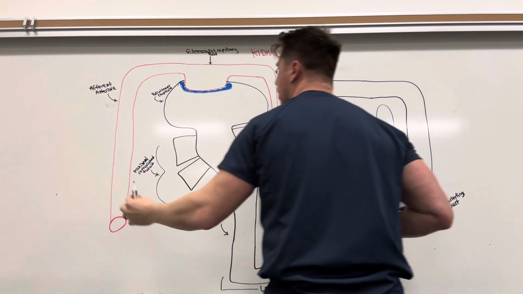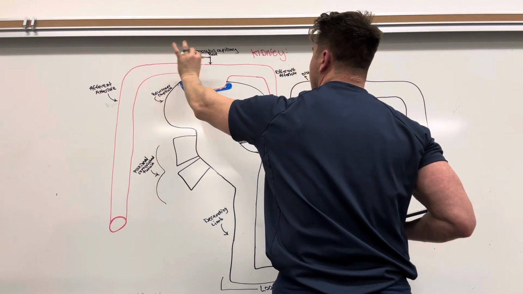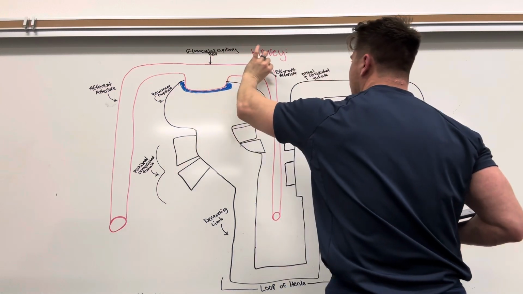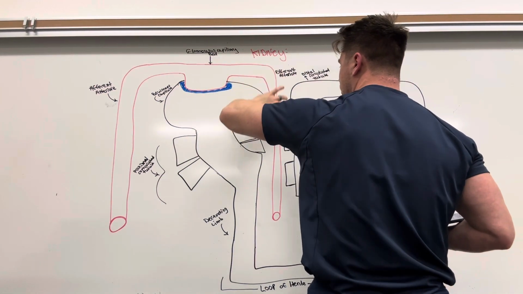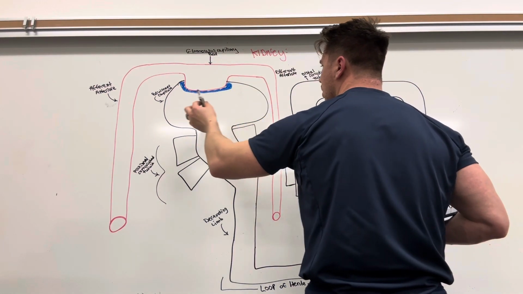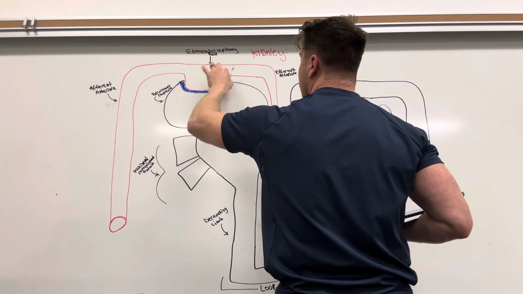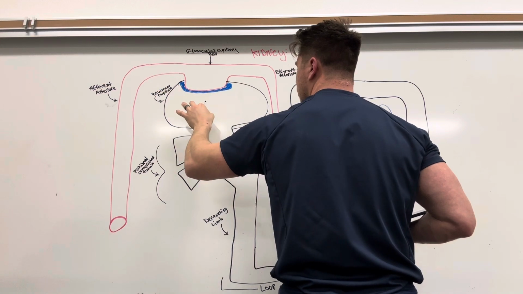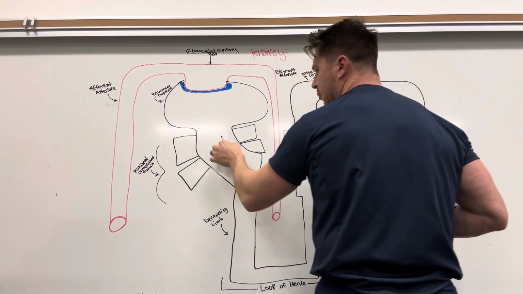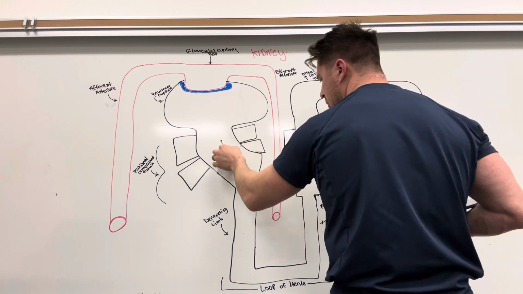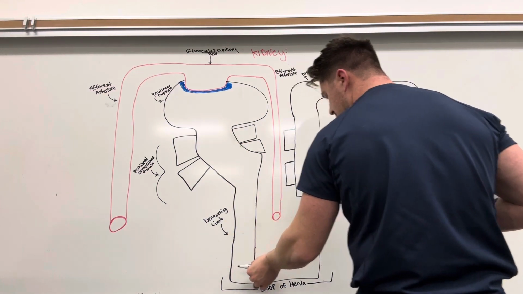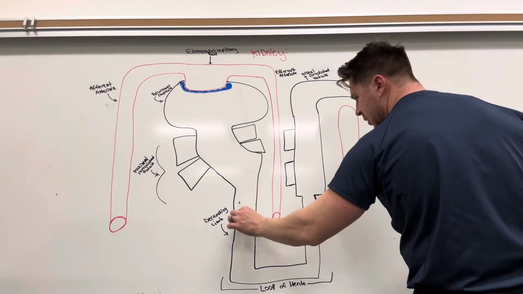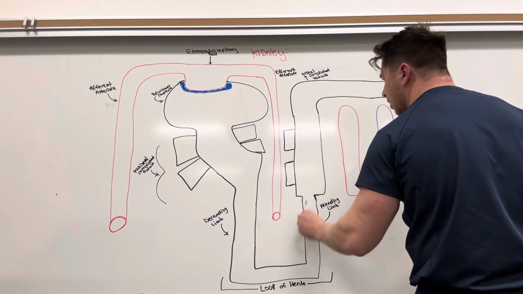So we have the afferent arteriole that feeds into the glomerulus capillary bed. Filtration occurs here. Then we have the efferent arteriole descending here. We now have the glomerulus, and then Bowman's capsule. Then the proximal convoluted tubule, the descending limb, the loop of Henle, and then the ascending limb, which together with the descending limb makes up the loop of Henle.